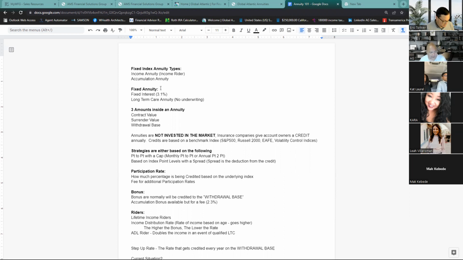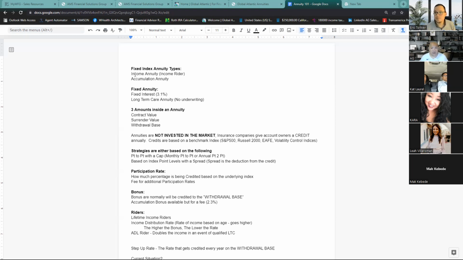And under fixed index annuity types, there's what you call your income annuity, which means when they put their money there, they want to receive income for life, kind of like a pension. This comes with an income rider. That rider comes with a fee, normally about 1%.